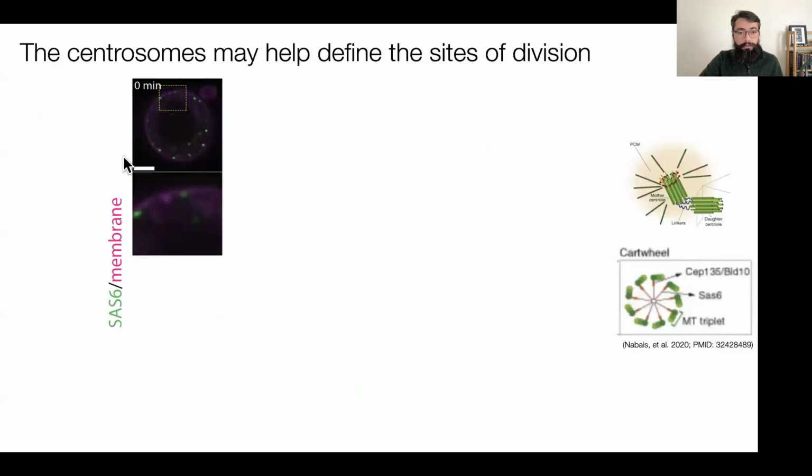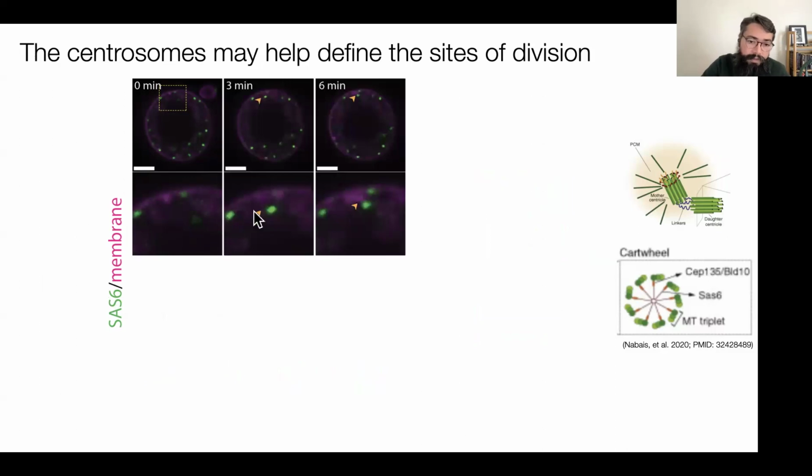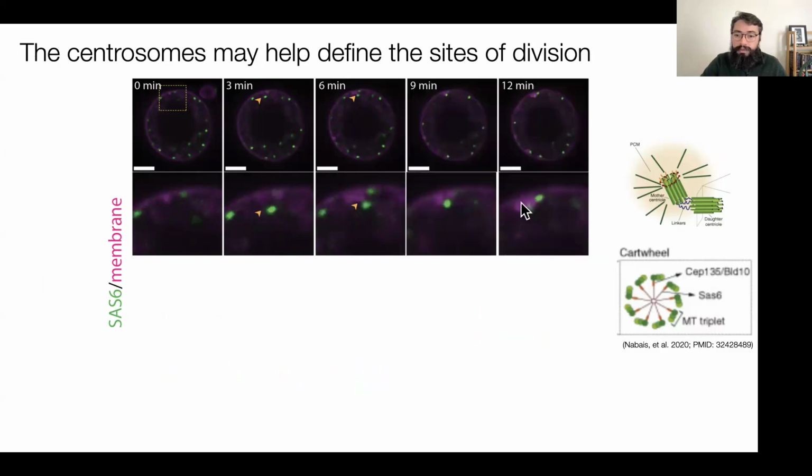To test this, I generated a strain with a fluorescent tag on a component of the centriole. This is SAS6, and now each centriole is colored in green. What we found is that when these green dots, which are the centrosomes, approach the plasma membrane, we see the formation of that vesicle in the proximity of the green dot.